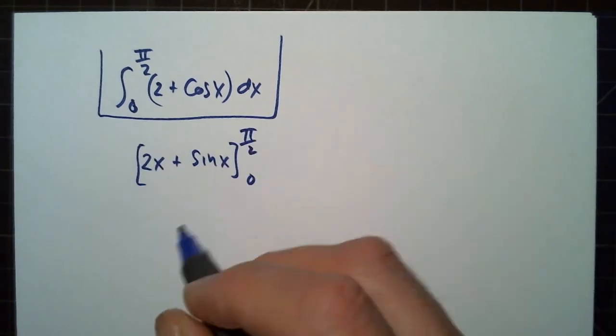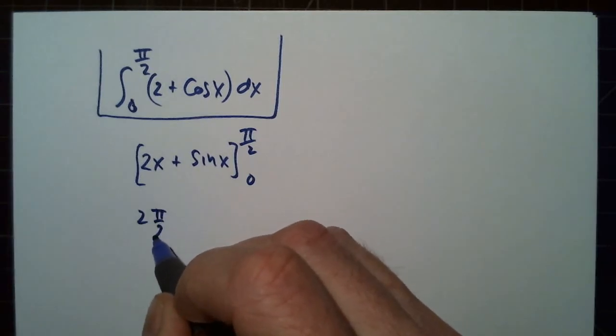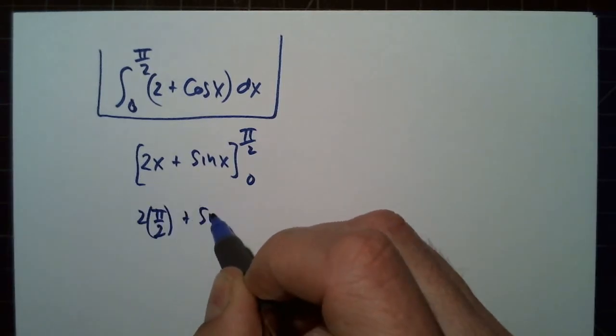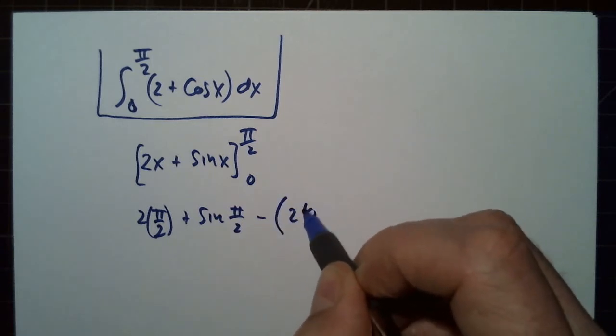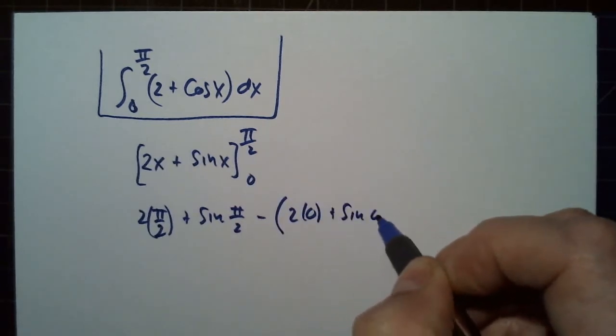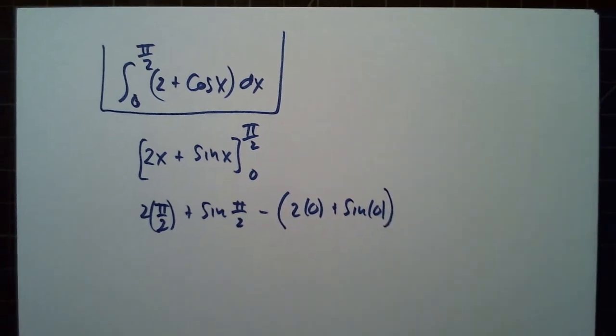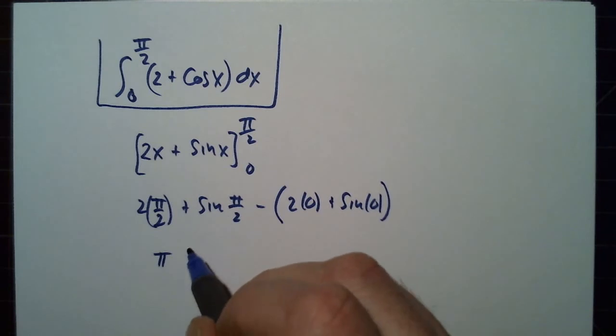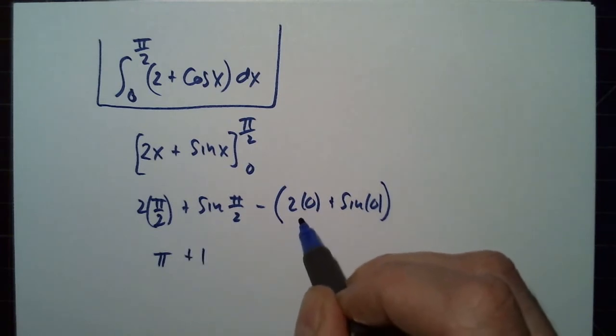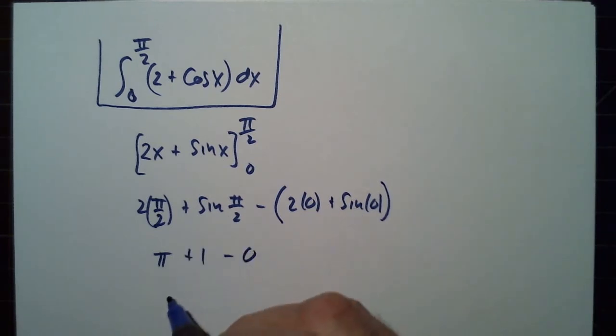Evaluate from 0 to pi. 2 times pi over 2 sine of pi over 2 minus 2 times 0 sine of 0. So that's pi. Sine of pi over 2 is 1, and we get 0 over there, so pi plus 1. So you just have to remember the trig antiderivatives.